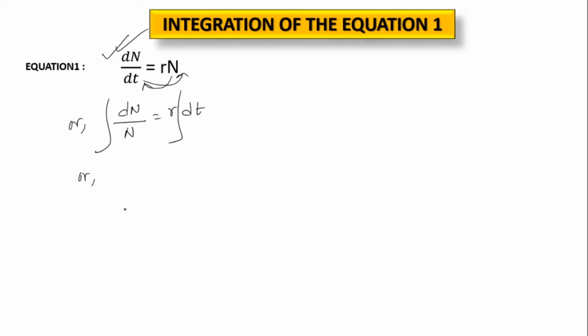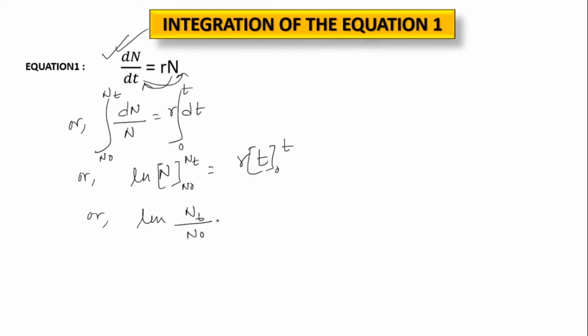The integration of dN by N will give ln N, and we will put the limits, lower limit N0 and upper limit Nt, and on the right side lower limit 0 and upper limit t. So we can write this as ln N from N0 to Nt, and here it would be rt from 0 to t. So ln (Nt by N0) equals rt minus 0.